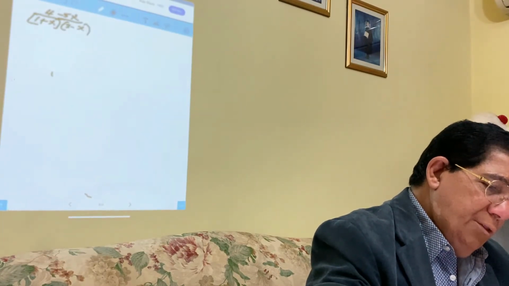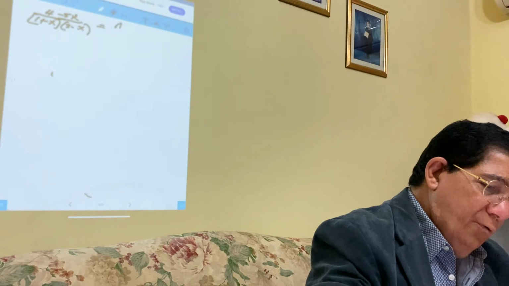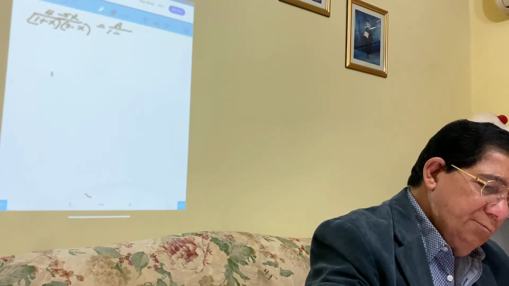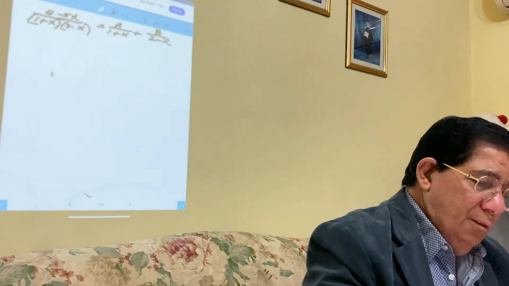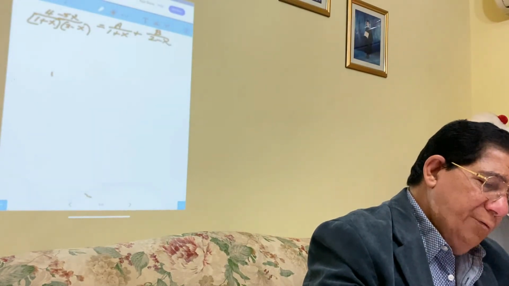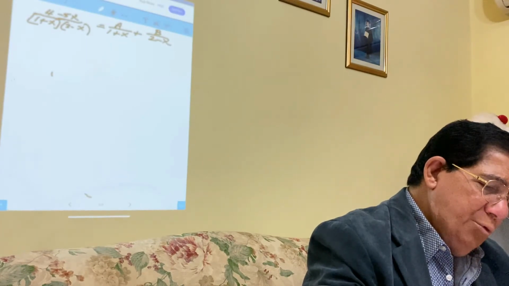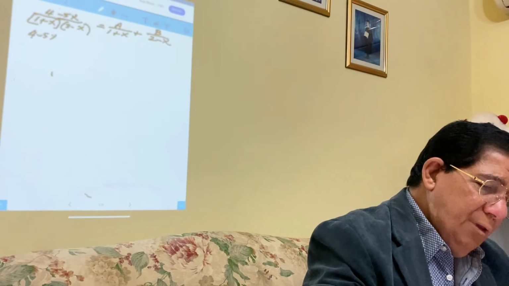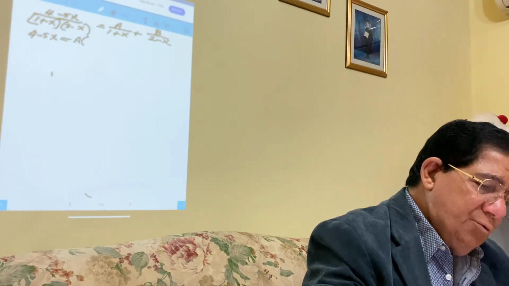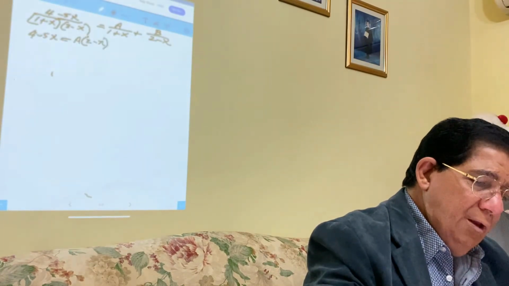We are going to say this is equal to A over 1 plus x plus B over 2 minus x. Then, by the method of partial fractions, we multiply times the denominator. Therefore, we get 4 minus 5x equals A times (2 minus x) plus B times (1 plus x).